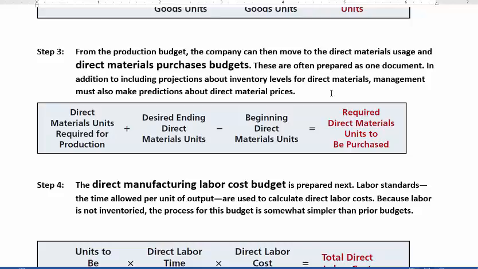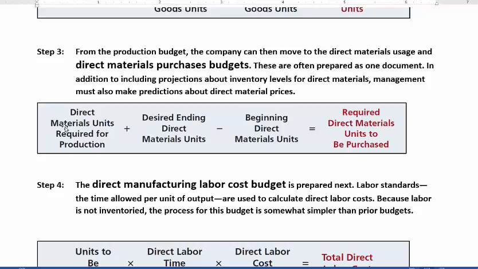They are the ones who source this stuff out with our vendors and suppliers, and they have their thumb on the pulse of the supply and demand going on out there and these prices that we're going to have to pay for these items. All right, so we're going to consider some of their information. The formula for this would be done for every component that goes into producing our product.